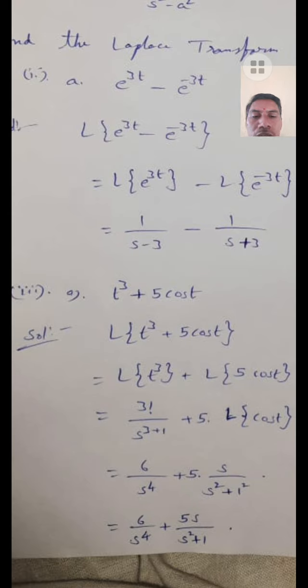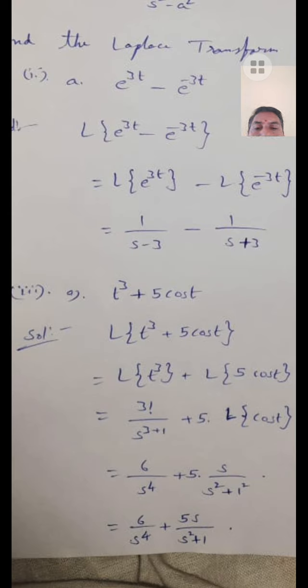3 factorial means 3 into 2 into 1, so that is 6 by s power 4 plus 5 into Laplace transformation of cos at, which is s by s square plus a square. Here a means 1, so s by s square plus 1.